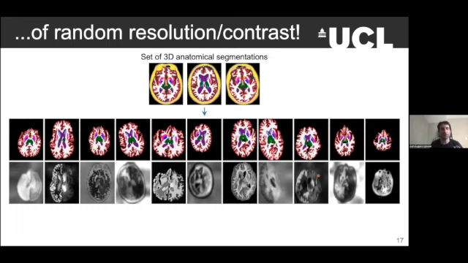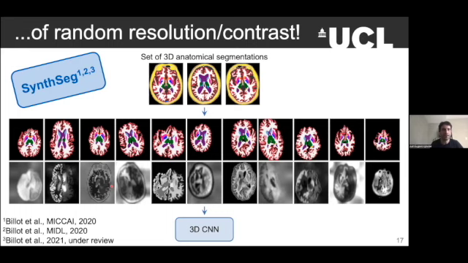This may sound a bit crazy. So the idea is, can we generate images that are so diverse that when we are shown a real scan, it's seeing a particular case of this crazy distribution that we have down here. So we just take all this stuff, train a 3D CNN, and we call this SynthSeg. This is mostly work by my PhD student, Benjamin. Of course, I'm the supervisor, so I get to take all the credit today.